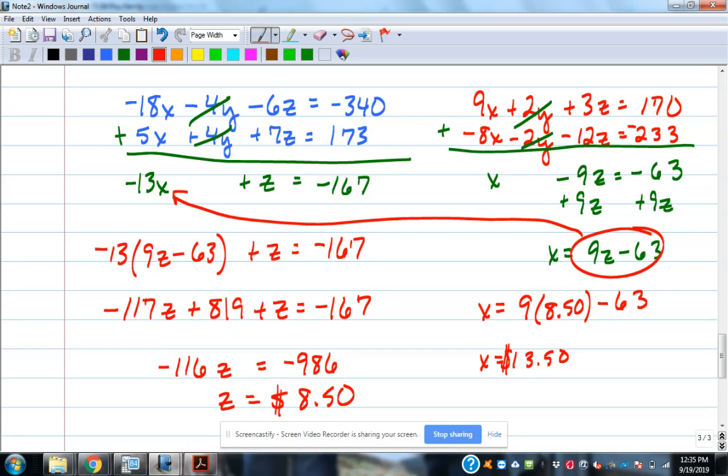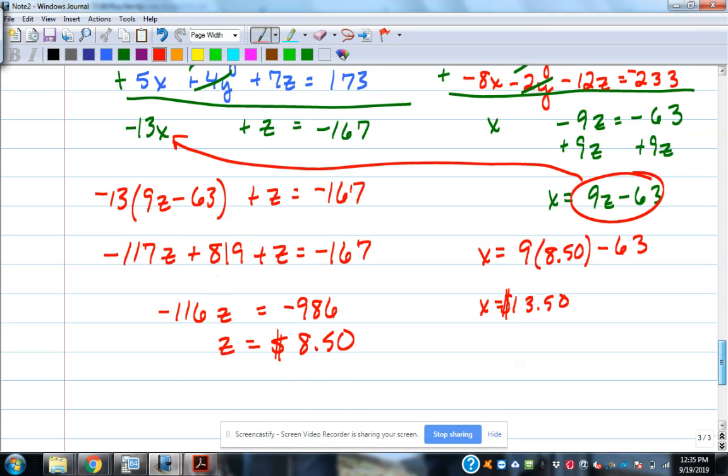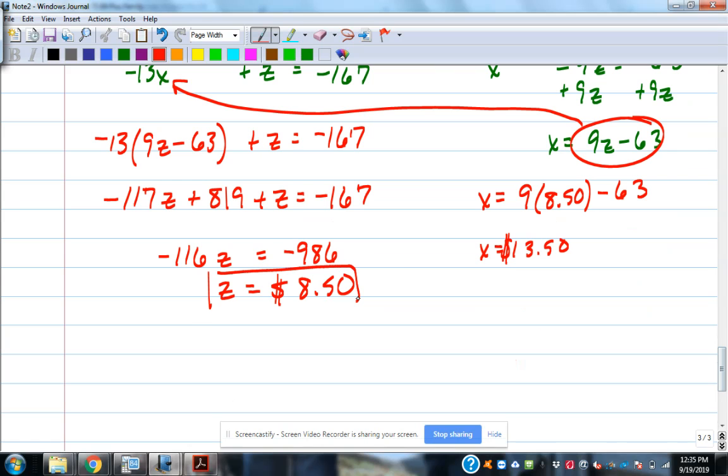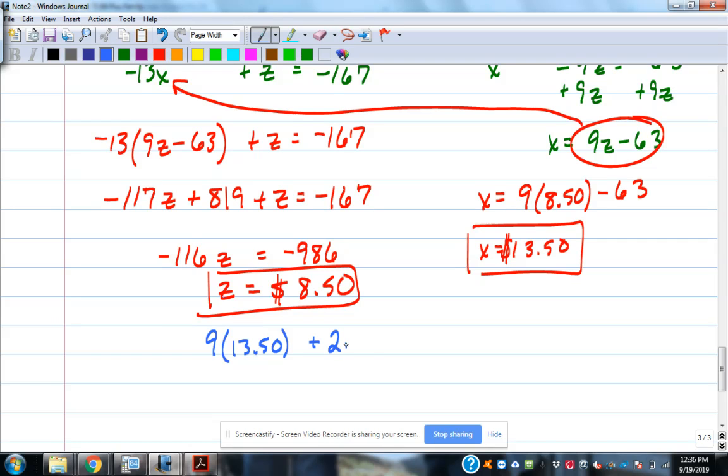Okay, so how do I find the senior citizen price? Plug both of those into one of the originals. Doesn't matter which one. I'm going to go for the top one, that 9x. 9 times 13.50 plus 2y plus 3 times 8.50.